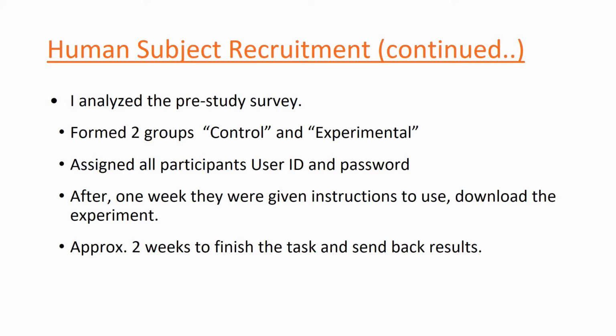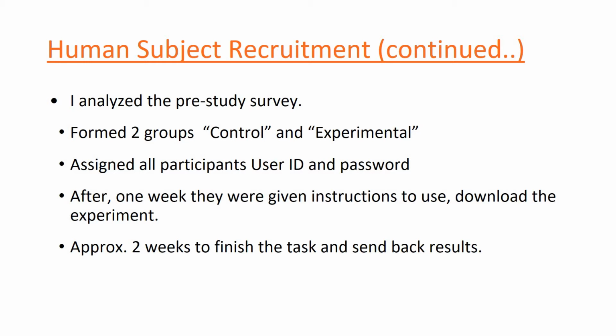Then I analyzed the results from the pre-study survey, which covered their background, what kind of classes they had, and any experimental or industry experience. I analyzed them and formed two groups, control and experimental, making sure that all the experienced participants were equally divided between the control and experimental groups.